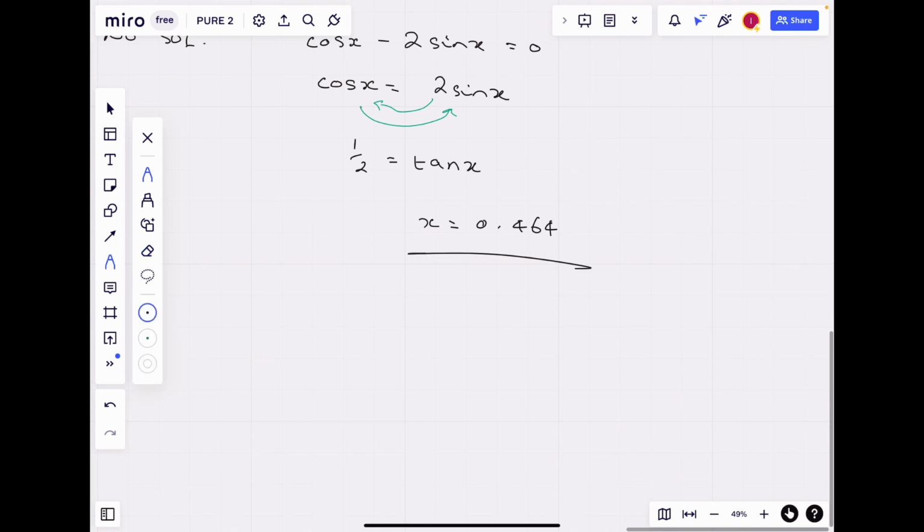And now plugging that back in to find y should be 0.177. And those are your coordinates for P. Okay? There you go. Quotient rule.